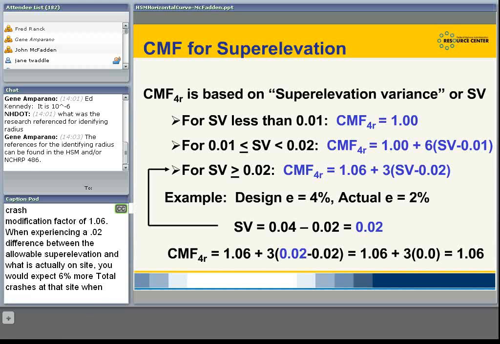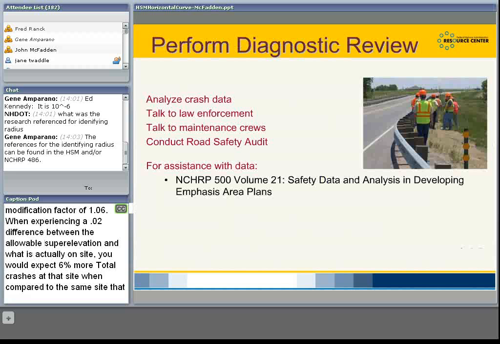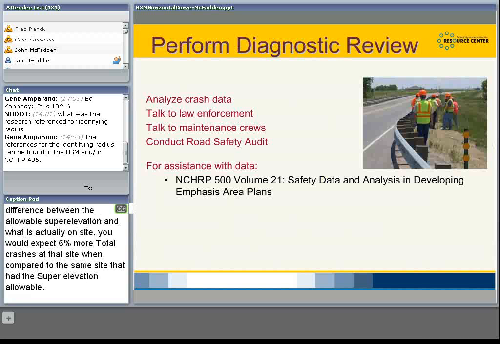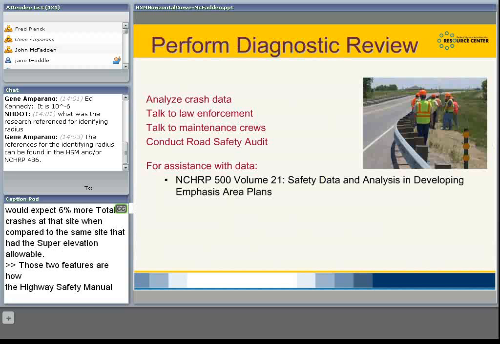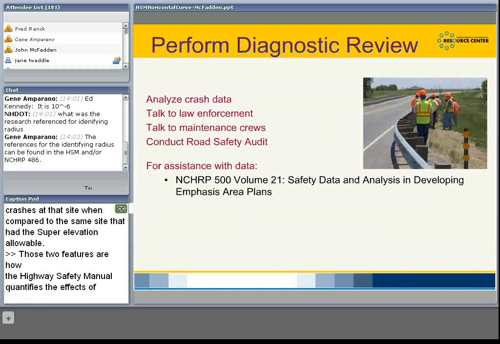What does that mean? That means for this site, which is experiencing a 2% variance, or difference, between the allowable superelevation and what is actually on site, you would expect 6% more total crashes at that site when compared to the same site that had the full superelevation allowable, or the design superelevation.